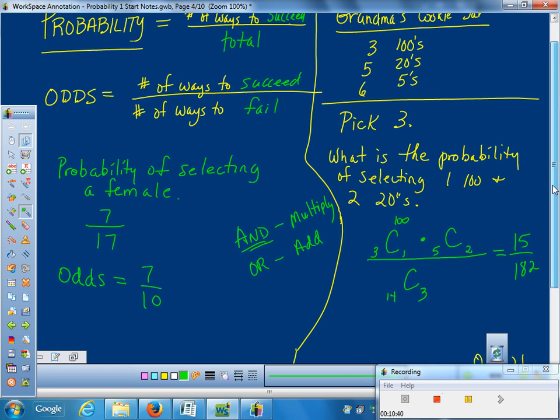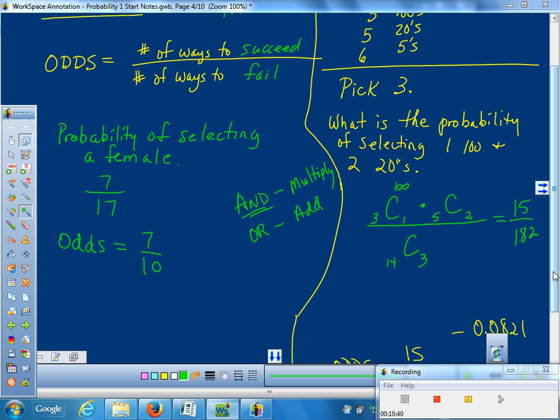Failing would be getting all $100 bills. Failing would be getting three 5s. There'd be so many different ways to fail, you could never sit and calculate all the ways to fail. So you always find probability first, and then if I ask you to do odds, you just calculate odds off of probability.